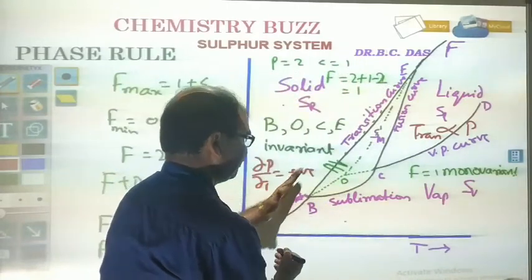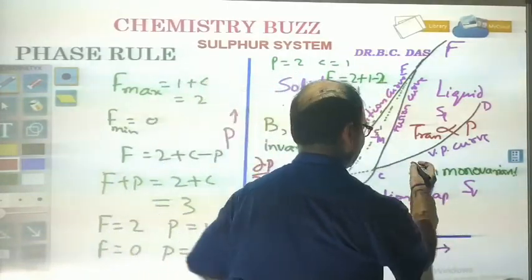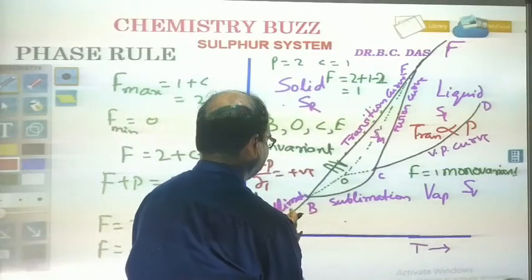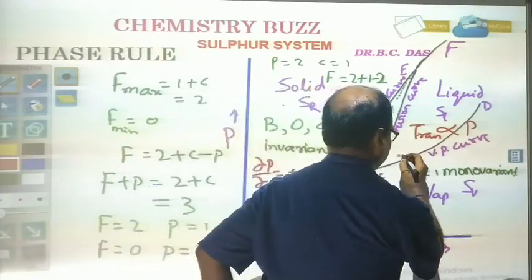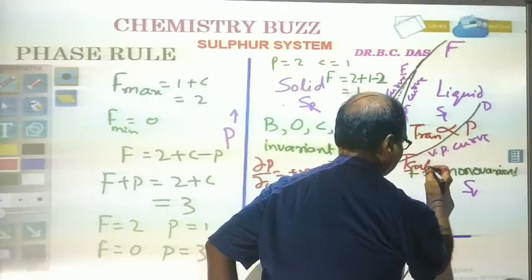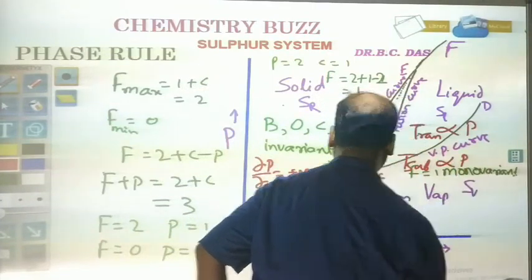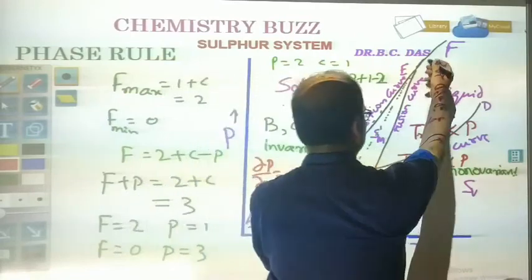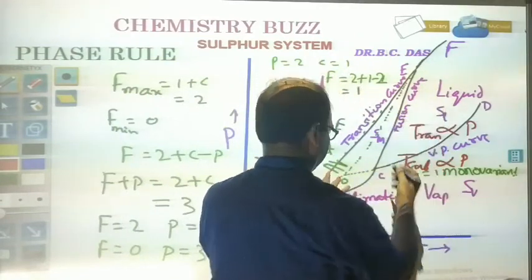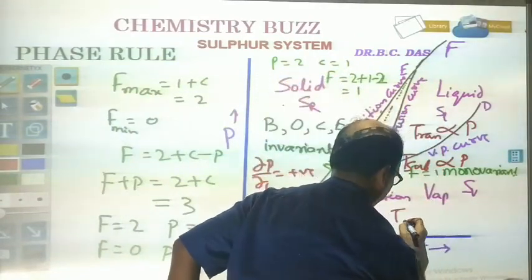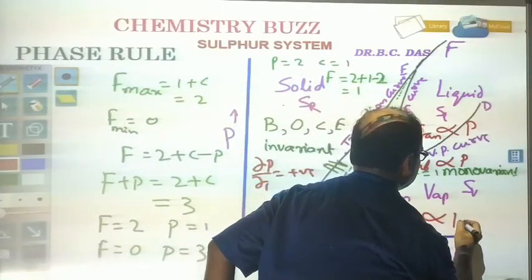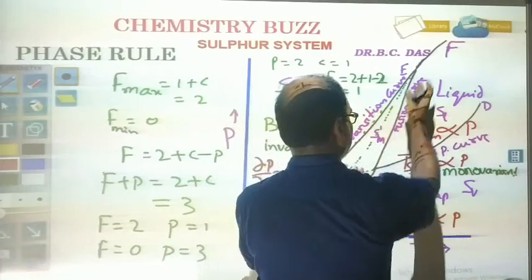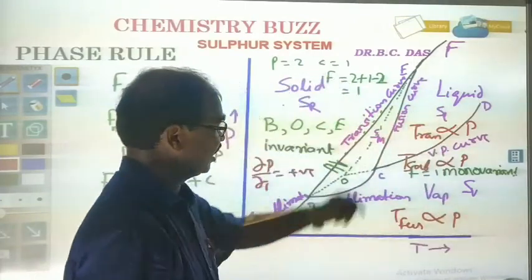Similarly, if we increase the pressure, the sublimation temperature will increase. T sublimation is proportional to pressure. Then fusion. This also shows the T fusion, temperature of fusion, is also proportional to the pressure. If pressure increases, the fusion temperature will increase.